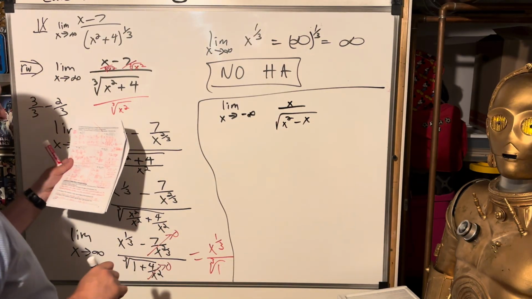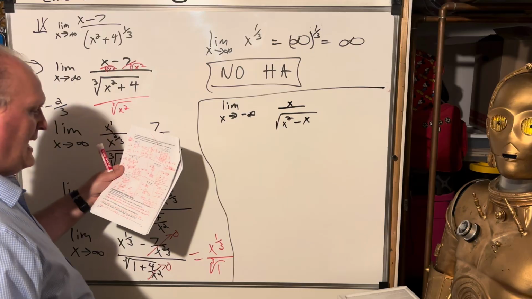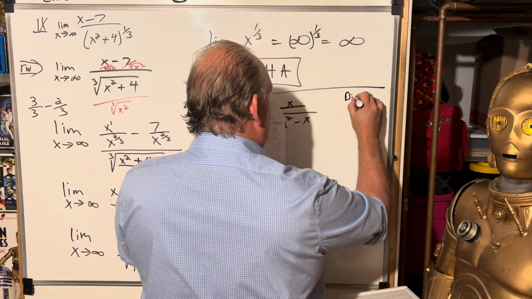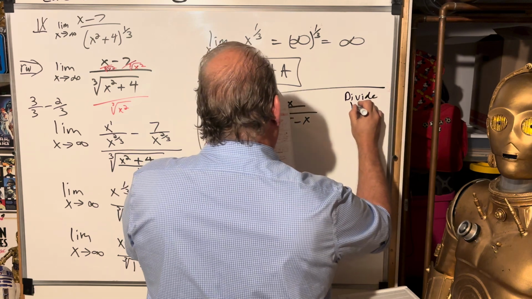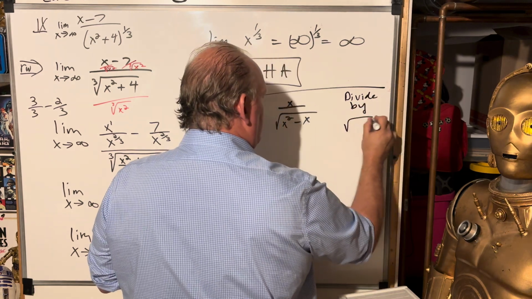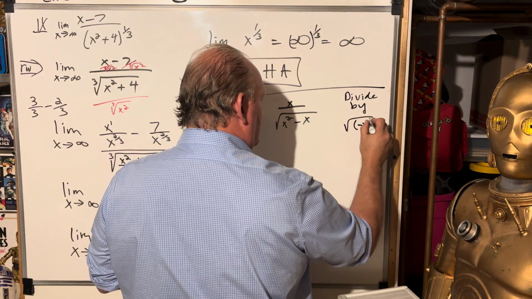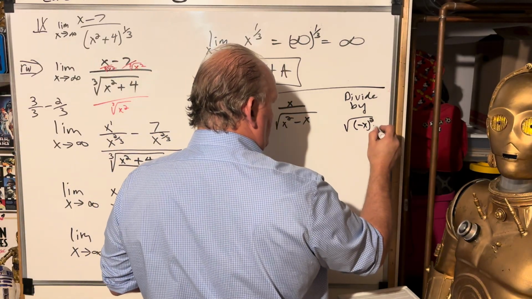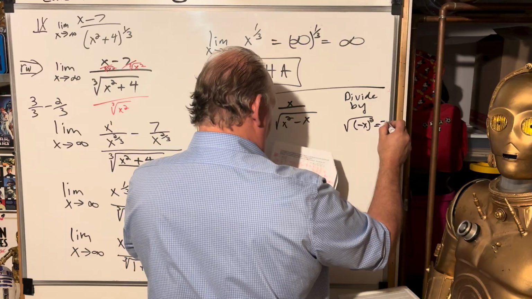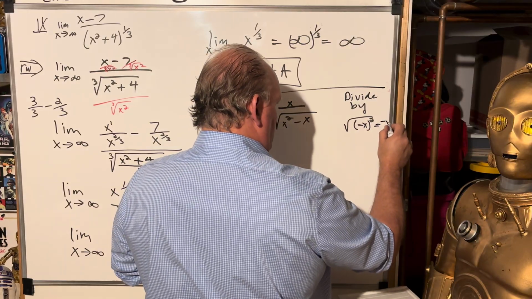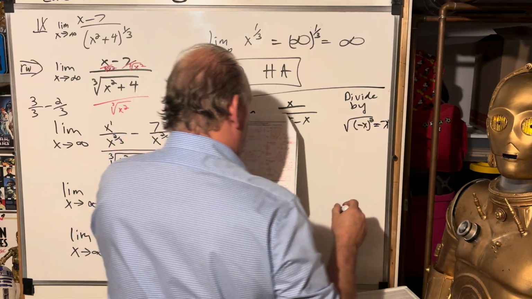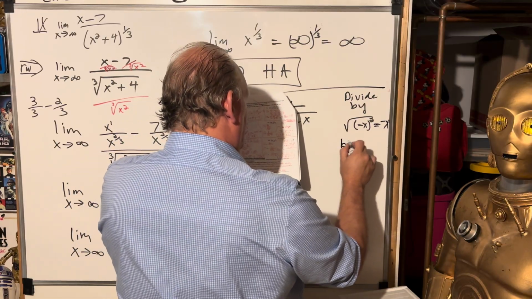So we're going to divide by the square root of negative x squared, which when I do that, the square root and the squared, it's negative x. At the end of the day, it's negative x. It involves imaginaries and things like that.